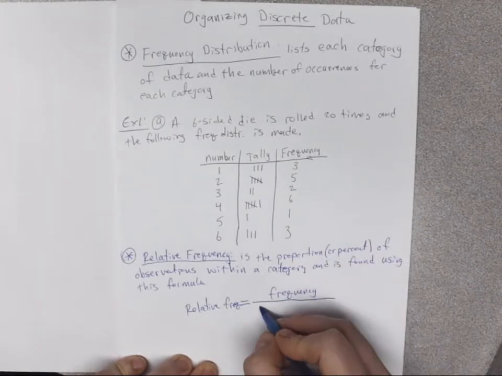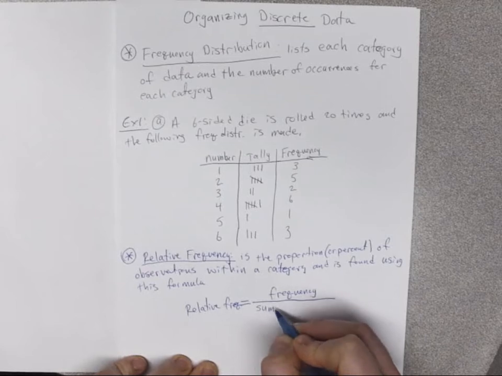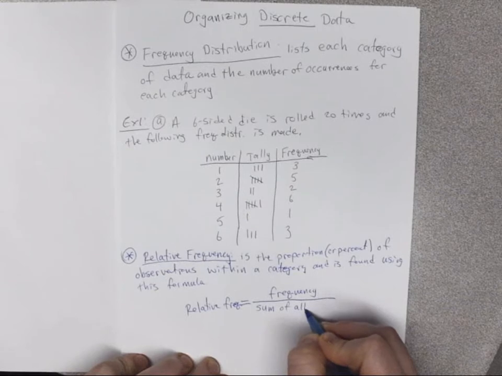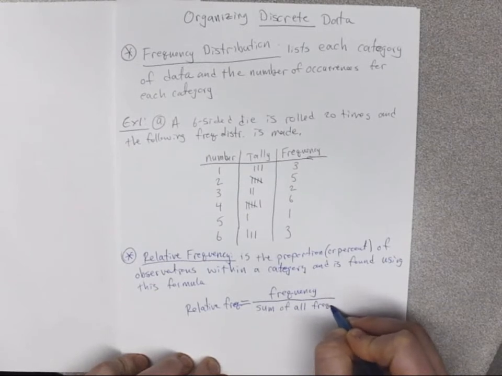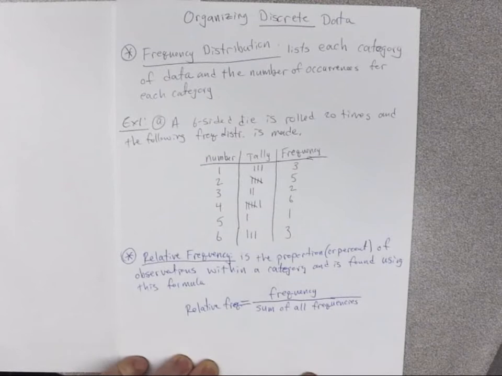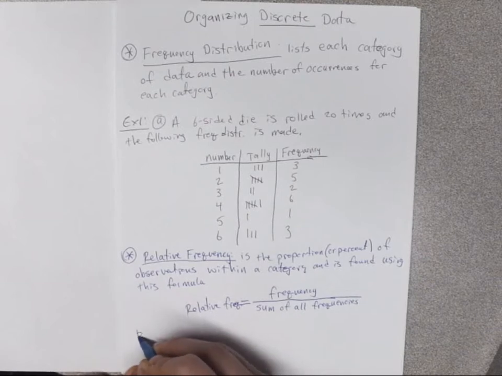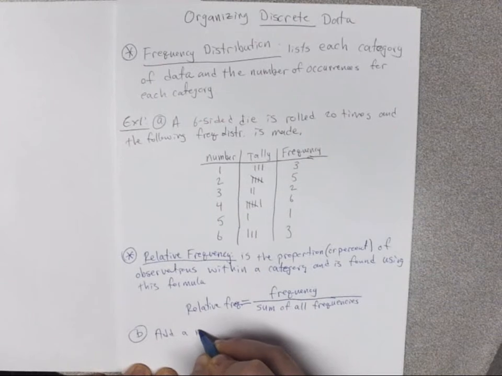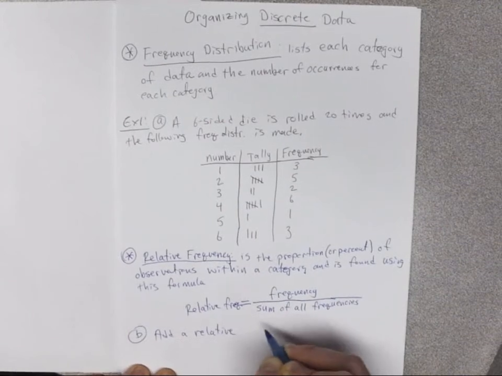And then on the bottom, it's the sum of all frequencies. All right, there we go. So now let's do part B. Part B is to add a relative frequency column to part A.